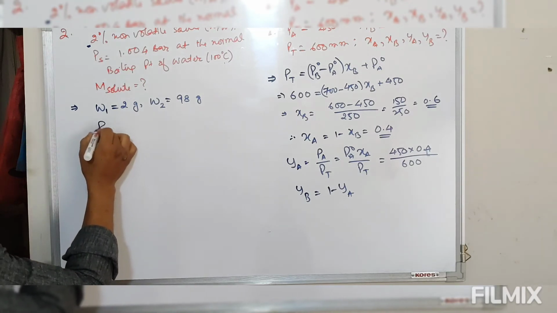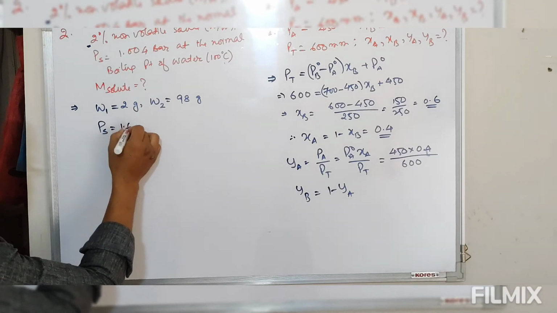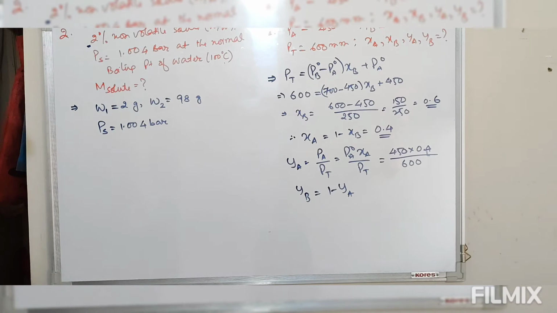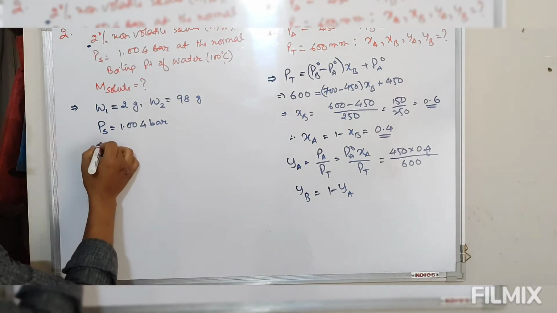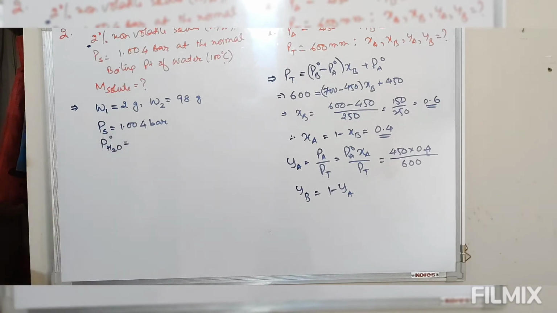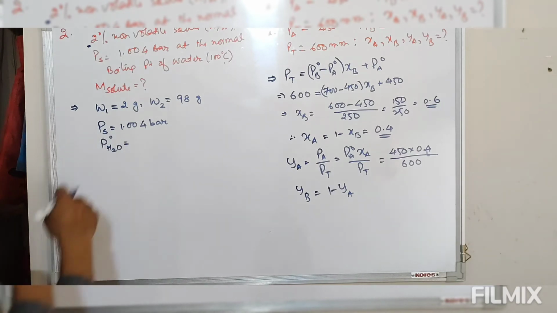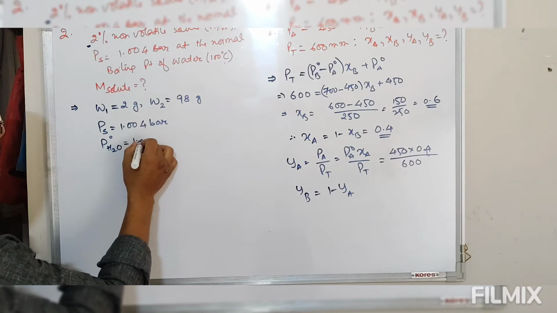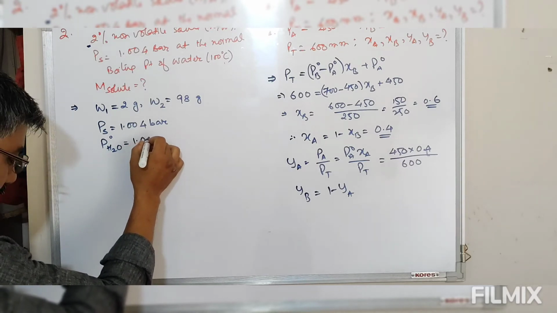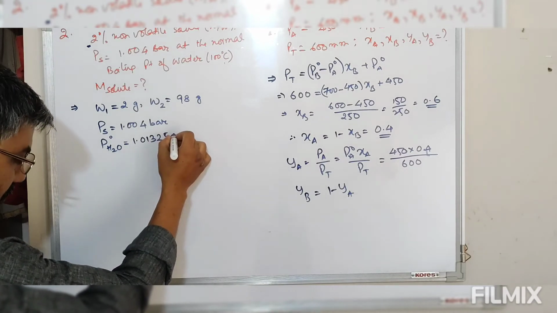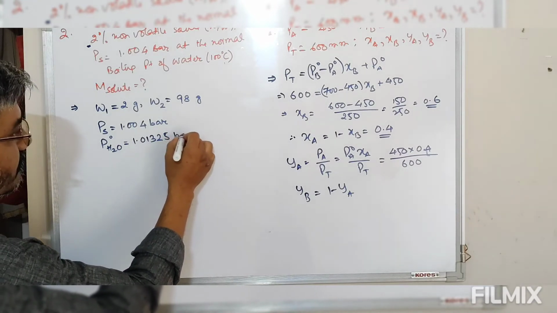So PS, the vapor pressure of the solution, is 1.004 bar. The vapor pressure of pure water at the normal boiling point, 100 degrees centigrade, is 1.01325 bar.